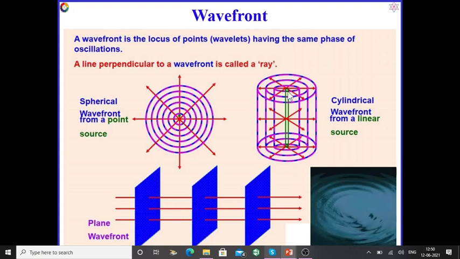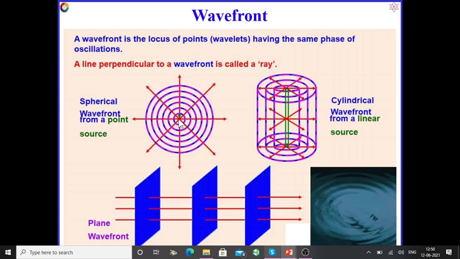And if we consider a series of light bulbs like this, a series forming a linear source, then they are going to send the wavefront in the form of a cylindrical wavefront. You just imagine, here is a ball.